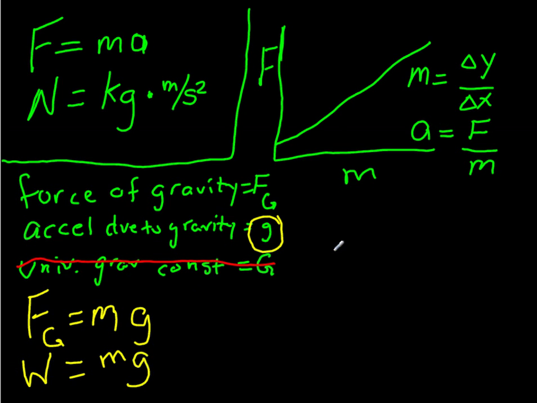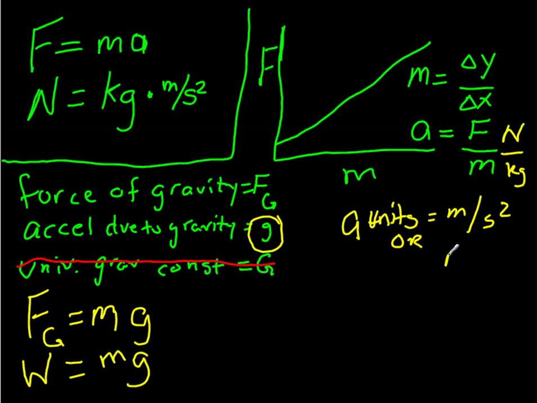Coming back to the units for acceleration that we have had up until now: they have been meters per second squared. However, we know now, according to this equation, it could be newtons per kilogram. They are both the same unit, and we do not need to choose one over another.